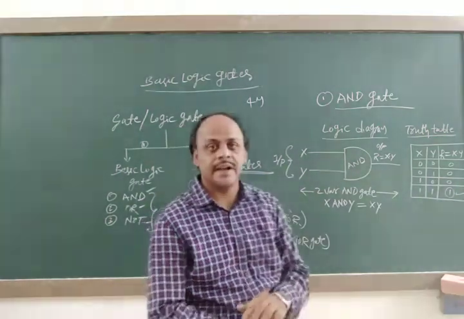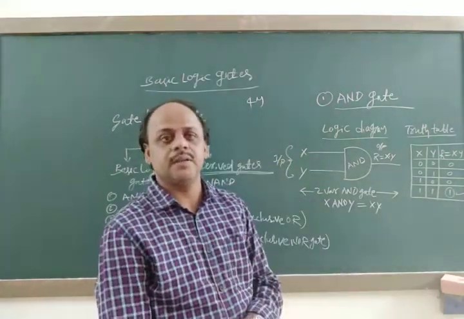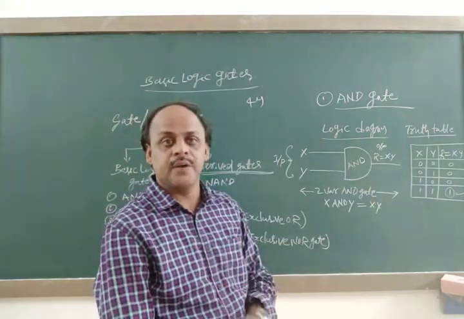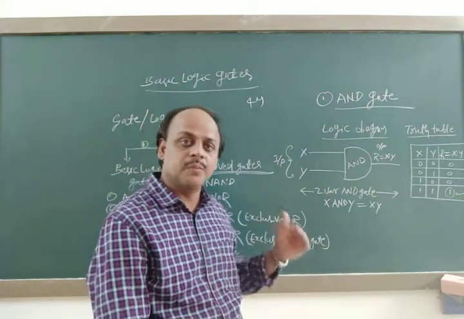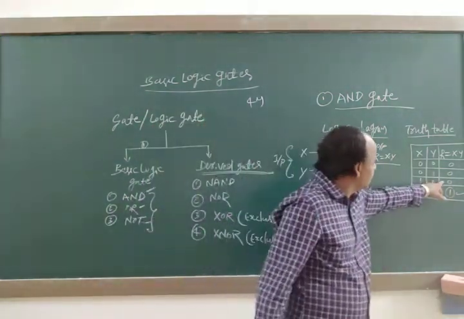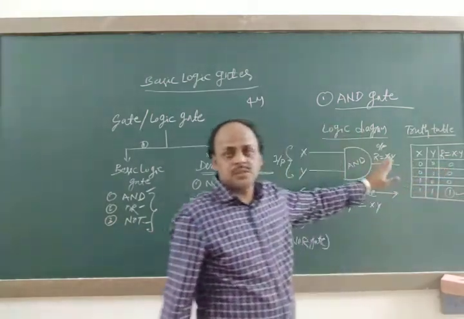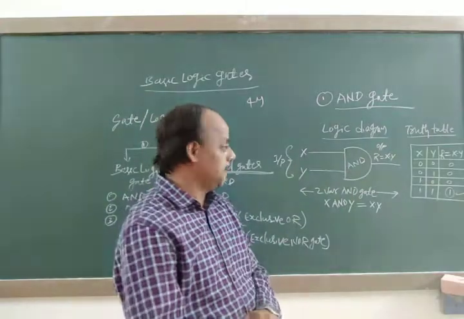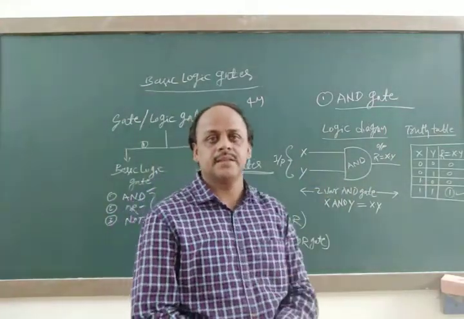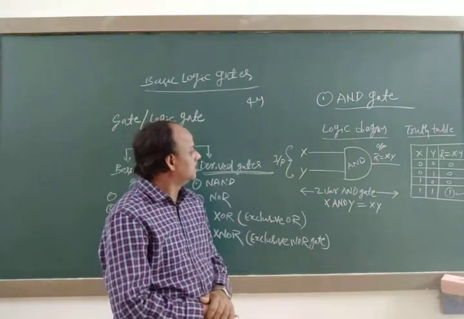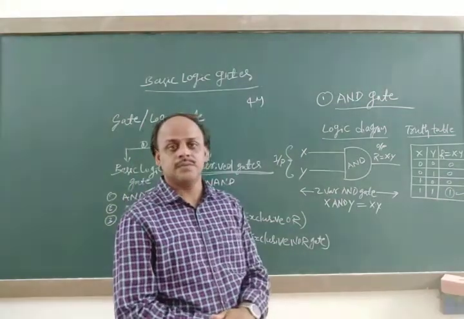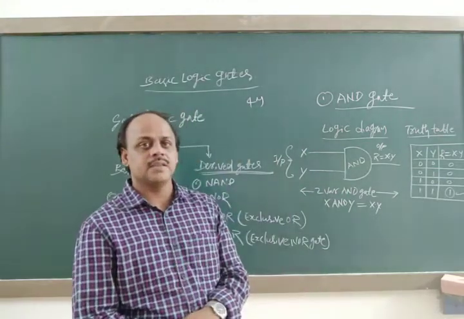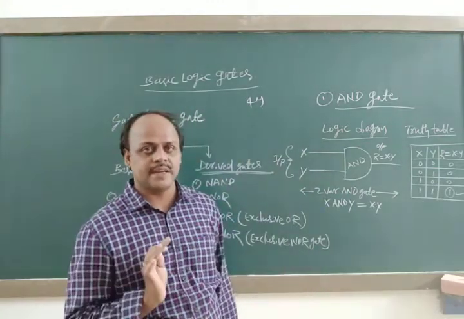So how can we define the AND gate? The AND gate is one of the simple basic gates in which the result is high if and only if both the inputs are high. In other cases, the result is low. This is possible for two variable as well as three variable input AND gates. So in the examination, they are going to ask for 3 marks: define the AND gate with its truth table and logic diagram.